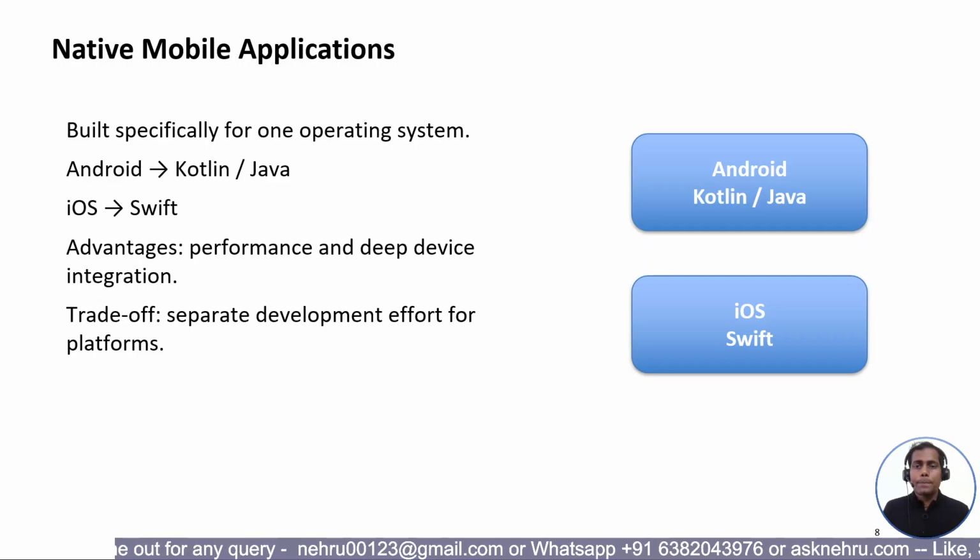When a company wants the deepest possible integration with Android or iPhone features, it may build platform-specific applications. Many major applications, including apps from companies such as Google and Apple, contain significant native platform-specific development.